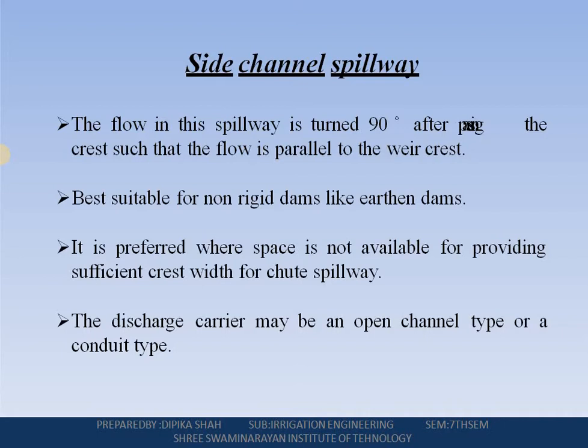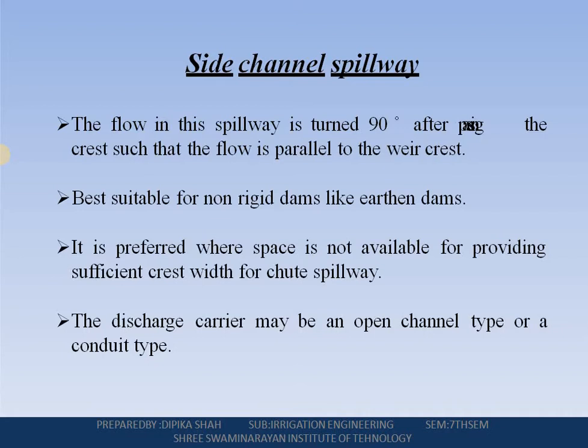The side channel spillway is usually constructed in a narrow canyon where sufficient space is not available for the overflow spillway. It is usually required in a narrow valley where there is neither a suitable saddle nor wide side flanks, right? So it is preferred where space is not available for providing a sufficient crest width for a chute spillway.